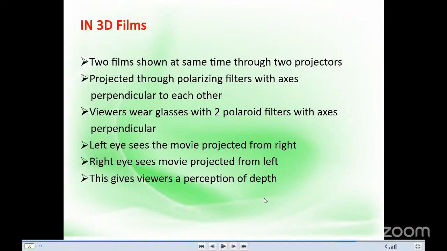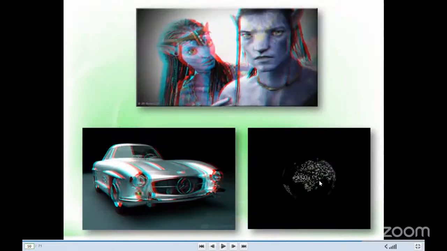Whenever you use 3D Polaroids, two films are shown at the same time through two projectors, projected through polarizing filters with axes perpendicular to each other. Viewers wear glasses with two polarized filters with perpendicular axes. The left eye sees the movie projected from the right, and the right eye sees the movie projected from the left. This gives viewers a perception of depth.